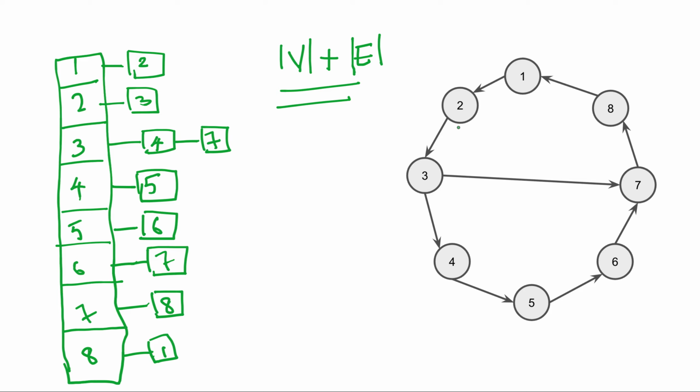That is apparent from this representation, so you can see that this particular graph has 8 vertices. Then this graph has, you can count 1 2 3 4 5 6 7 8 plus 1, 9 edges. So we have 8 plus 9. So you look at this list. So this is the number of vertices present. So we have 8 memory spaces used.